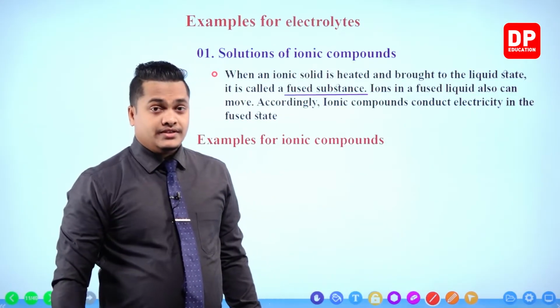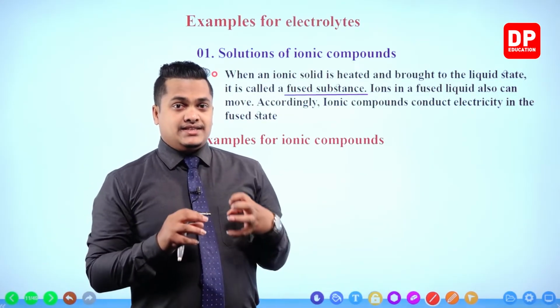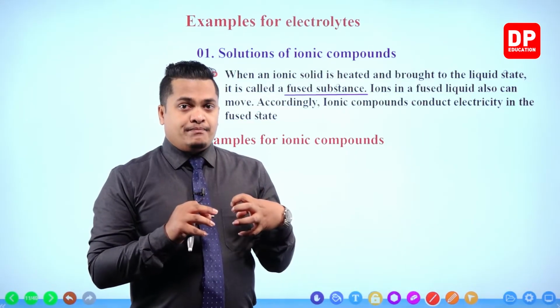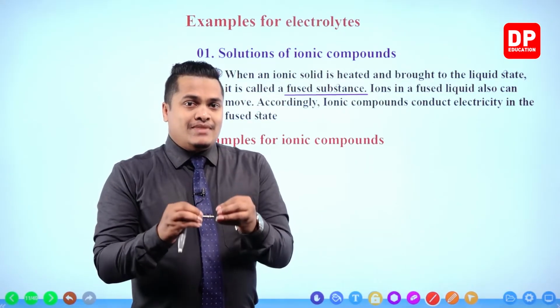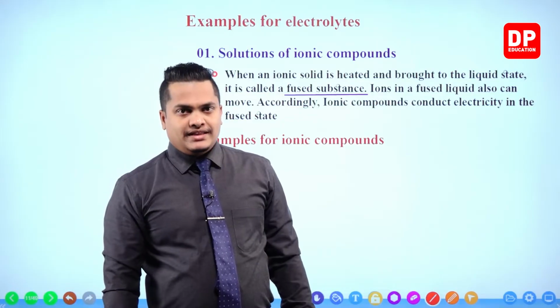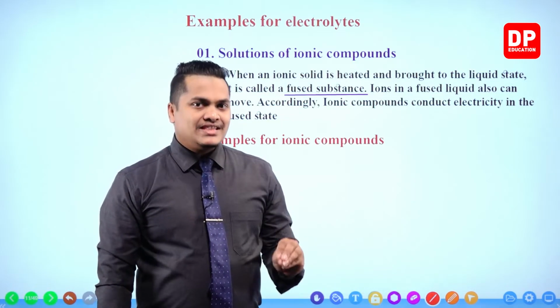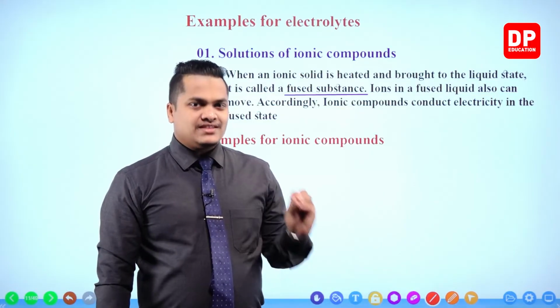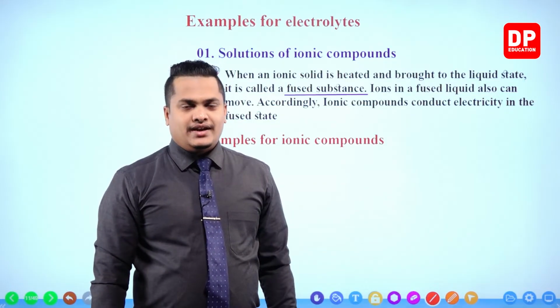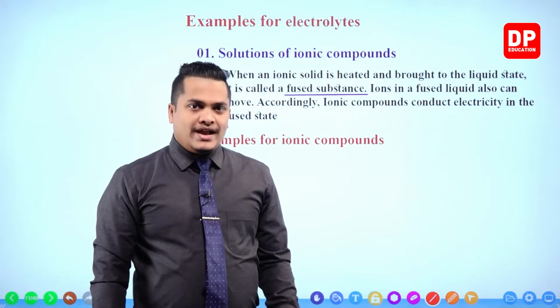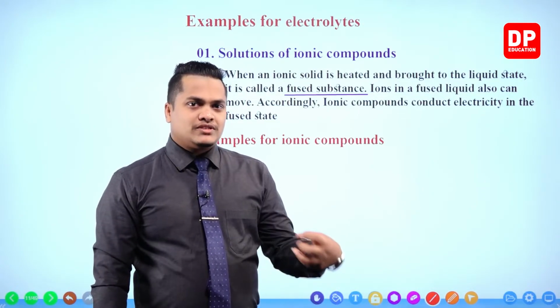Now what do we do here? If you heat a certain ionic compound up to its melting point, automatically it will melt, and within that solution, my dear children, ions are getting separated. Here you provide heat energy to separate ions.